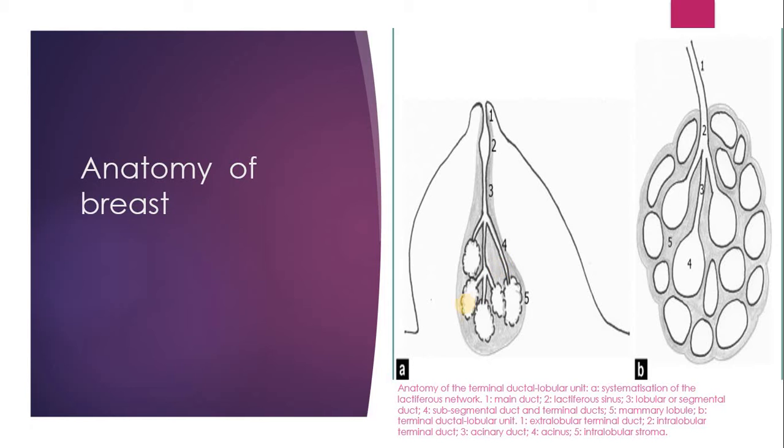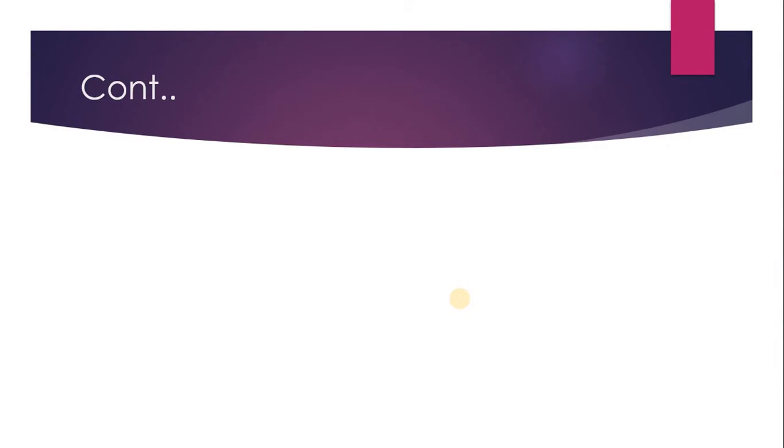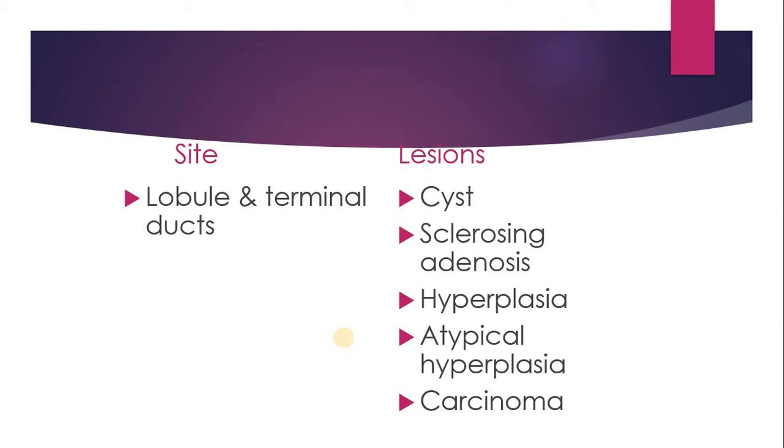When we discuss the disease, we have to remember the important parts: the lactiferous main duct, lactiferous sinus, and mammary lobule containing acini and stromal components.